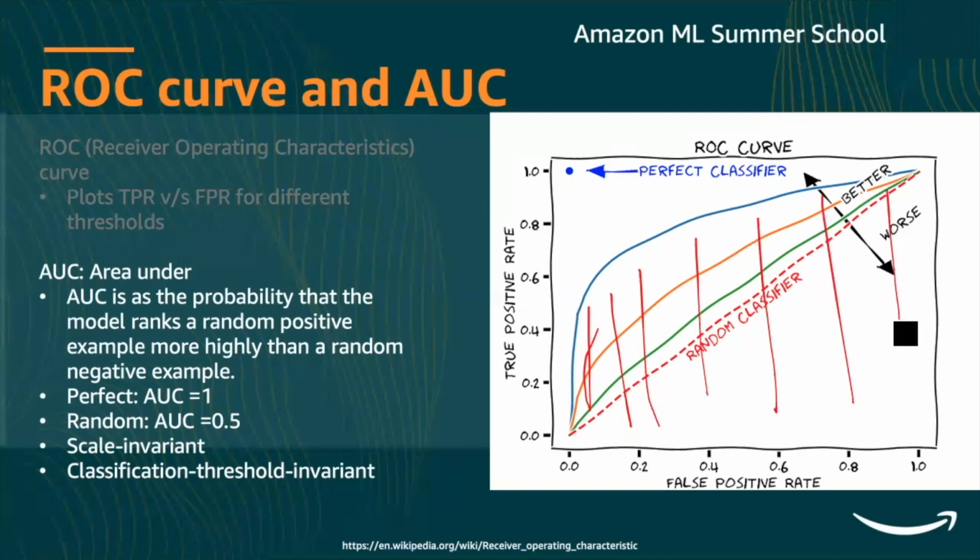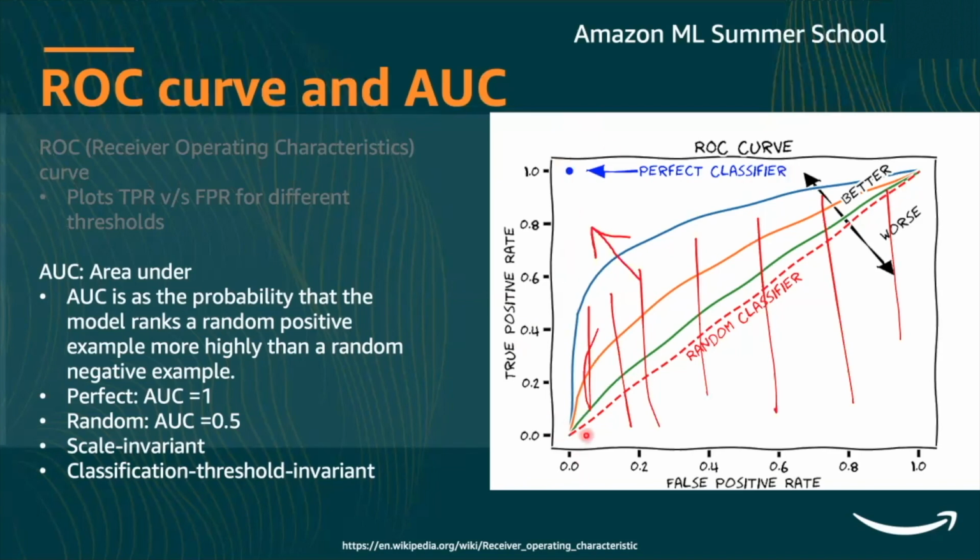So you can compute the area under the curve, and the more the area, the better the classifier. It can be understood as the probability that the model ranks a random positive example more highly than a random negative example. The perfect AUC is one, which would be here. This would be the perfect classifier.